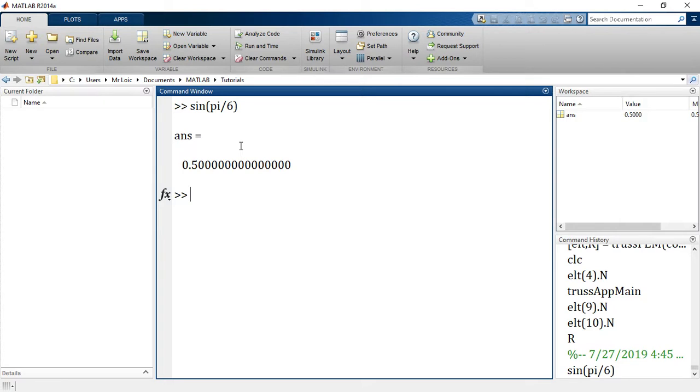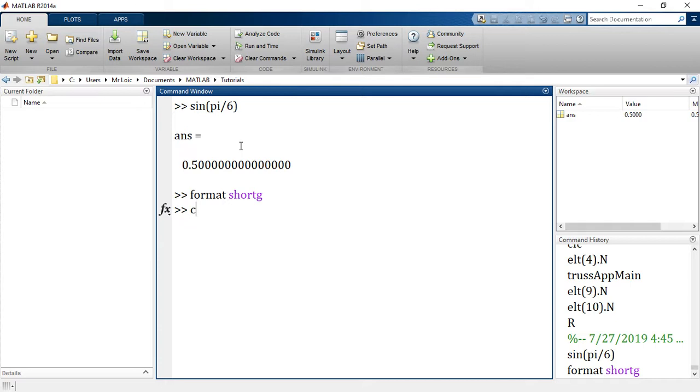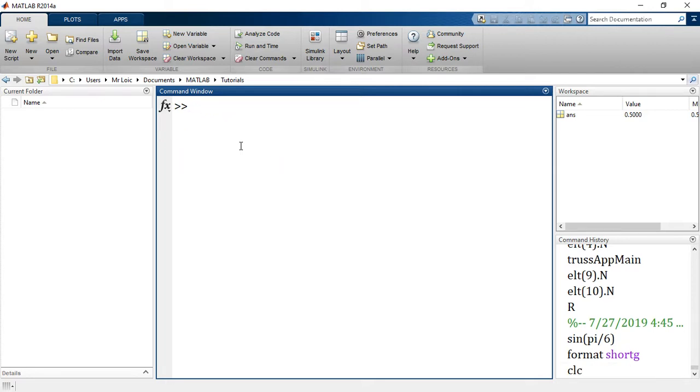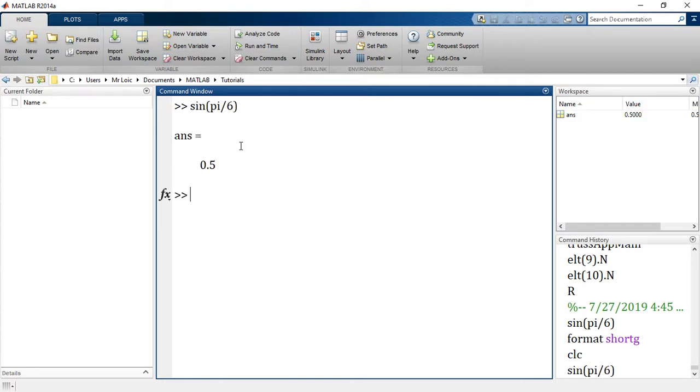So we'll have 0.5. Don't worry that I'm using format short all the time, I am using format long for a different purpose. So just forgive that. Sine of pi on 6 gives 0.5.